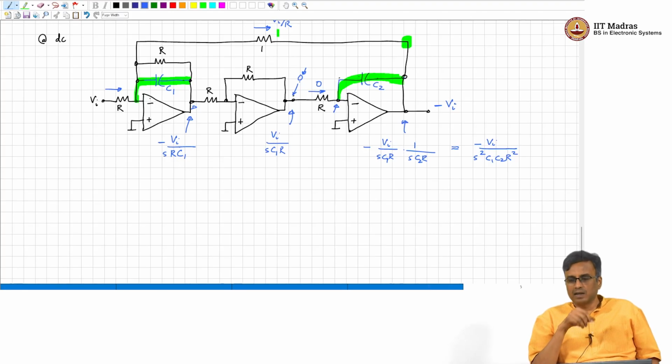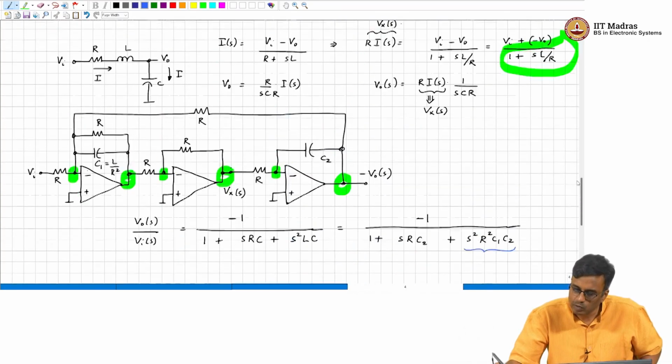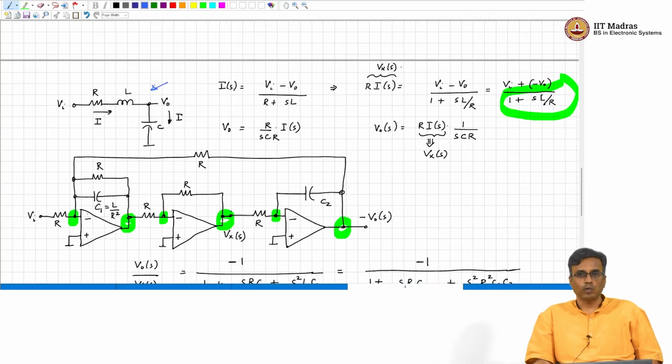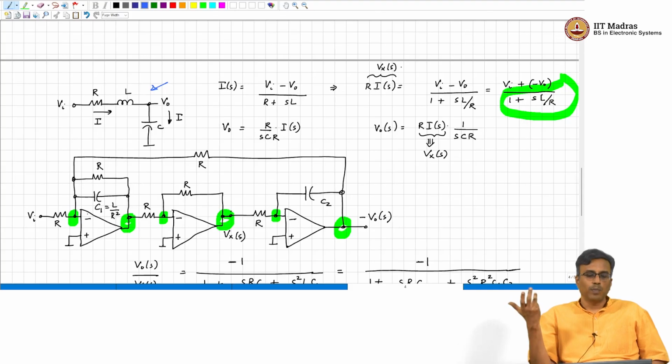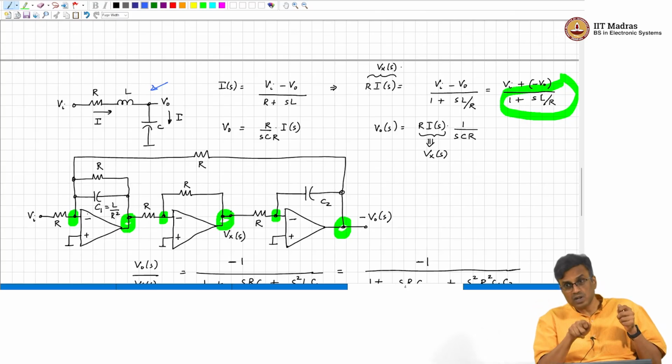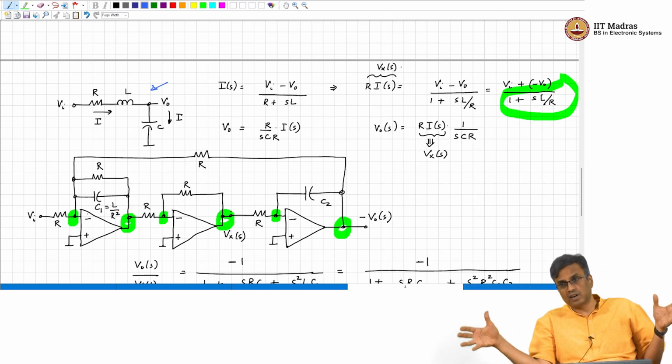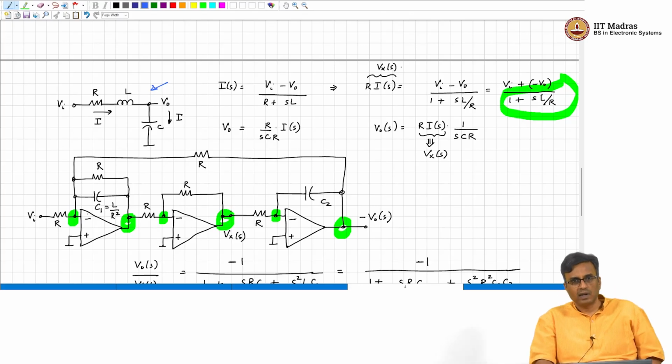For example, if somebody asks you what the response of this network is at DC, what will you do? You will open the capacitor and short the inductor. You will not find the transfer function and then put S equal to 0, because you are only interested in the response at 0 and you should not have to work so hard to find the entire transfer function and then put S equals 0.